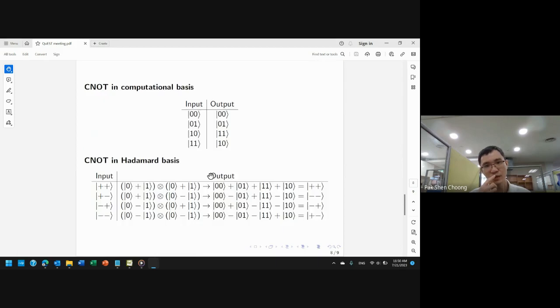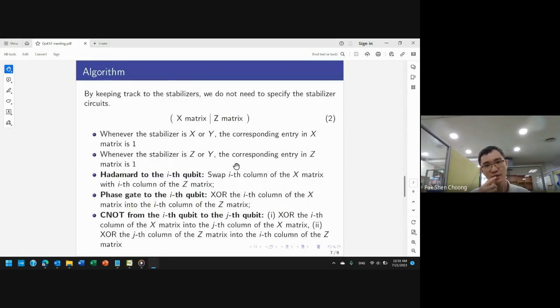So what we need to do is to swap the i-th column of your X matrix with your Z matrix. If we do the phase gate, then the effect is to perform the XOR from the X to the Z matrix.